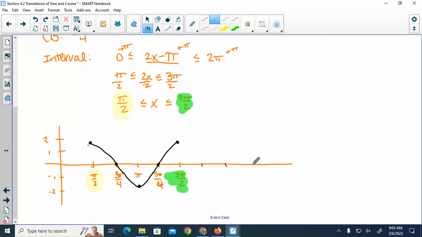We need 4 more after that, and you just keep adding your pi over 4. So this is 6 pi over 4 plus pi over 4 is 7 pi over 4. Plus pi over 4 is 8 pi over 4 or 2 pi. 9 pi over 4. 10 pi over 4 or 5 pi over 2.